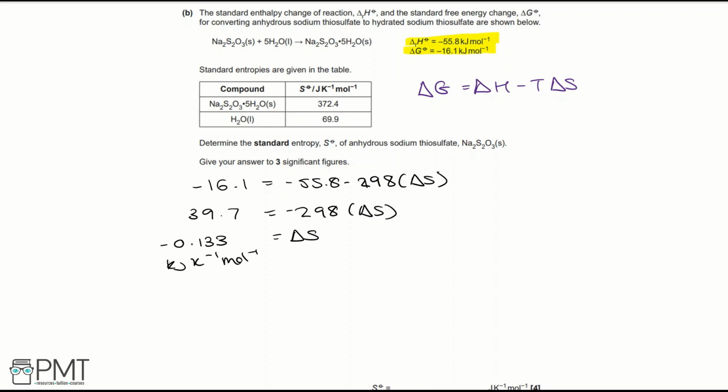Now we want to work out the standard entropy for anhydrous sodium thiosulfate, and we've been given the hydrated sodium thiosulfate.